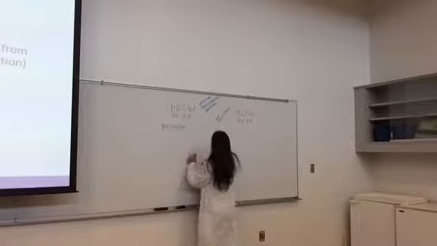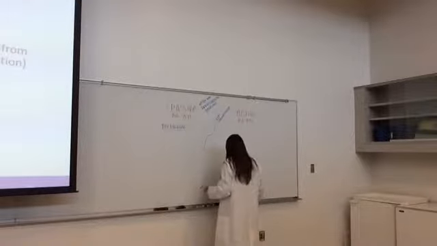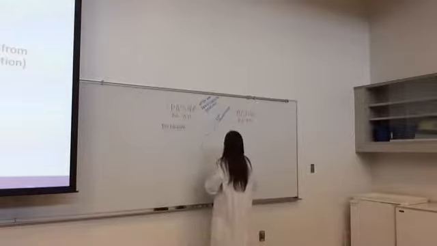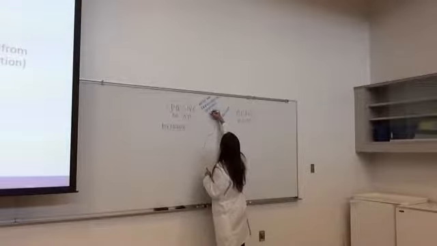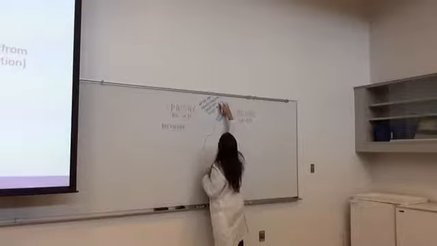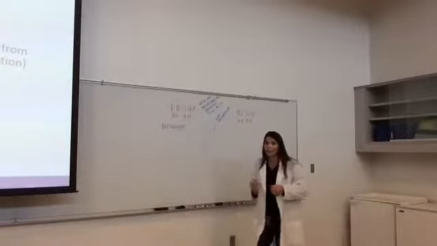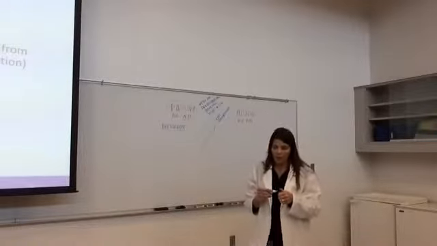This means that we're going the natural direction, an area of high to an area of low. So going with the concentration gradient is going from an area of high concentration to an area of low concentration.